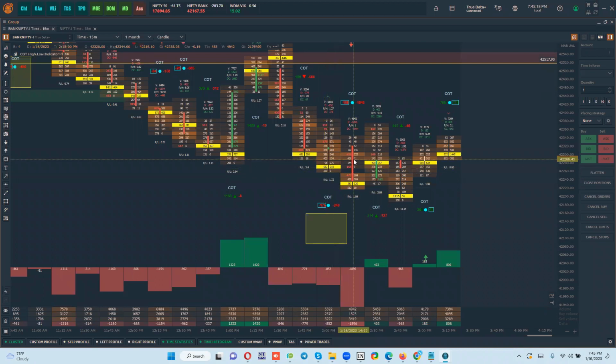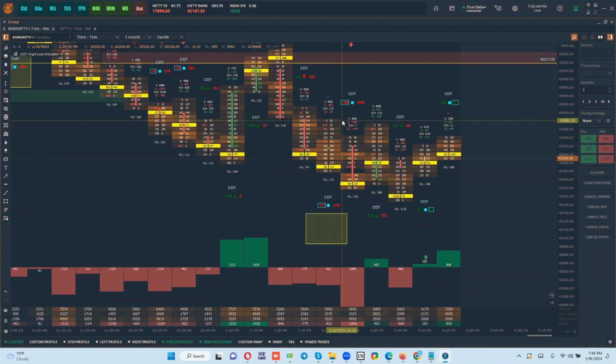This is just to understand what exactly is happening, like whether the market is pausing somewhere around this level. If there are trapped sellers, we need to see whether the market breaks this level or not. If this particular high was broken on the next couple of bars, then all the trapped sellers would have come to cover.